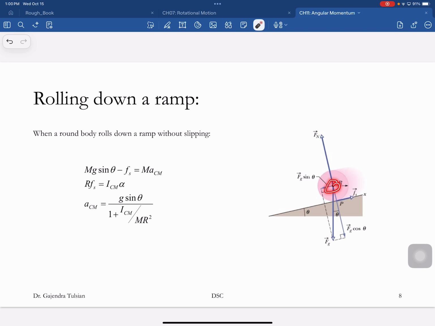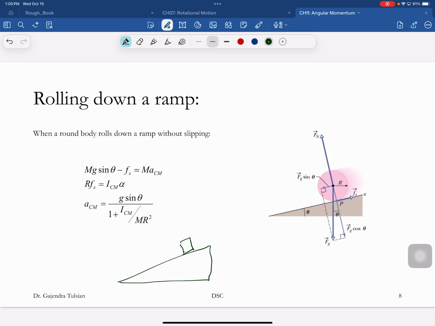As the wheel is rolling down, it is accelerating down. So, let me draw another diagram here.